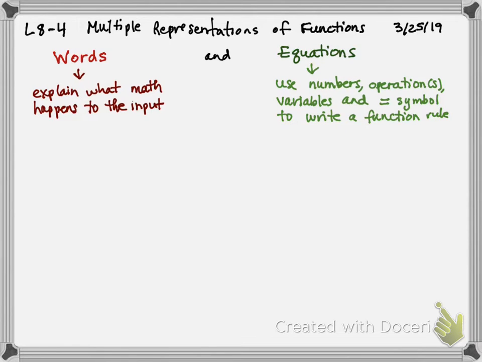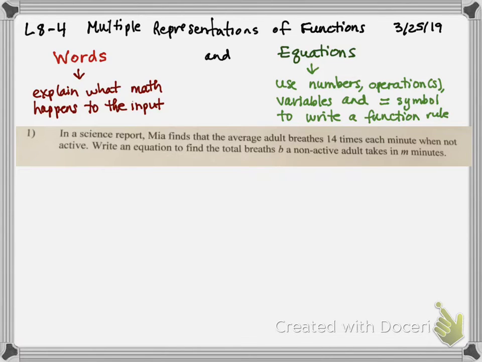Okay, so I'm going to pop in a problem. Hold on just one second. Okay, it says in a science report, Mia finds that the average adult breathes 14 times each minute when not active. Write an equation to find the total breaths B a non-active adult takes in M minutes.